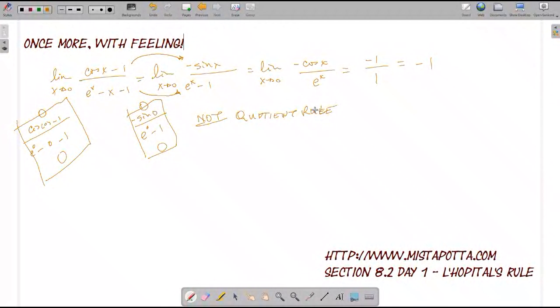I am not taking the derivative of a ratio of two functions. I'm taking the derivative of the numerator and putting it over the derivative of the denominator. I am not using the quotient rule. And that's a mistake that a lot of novices will do on these problems.